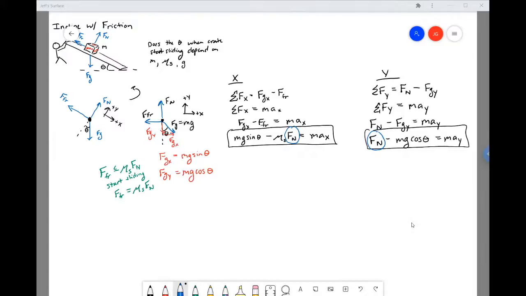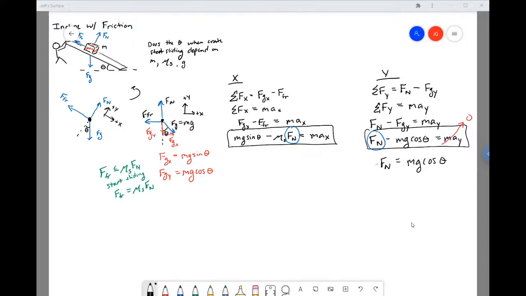That's a tool or a fact that we can use to combine these two equations. So let's solve the equation in the y direction for F_N. This is pretty easy actually because it's sliding down the incline, not perpendicular to it. So just like last time, the acceleration in the y direction, perpendicular to the incline, is 0. That means the normal force is equal to mg cosine theta.